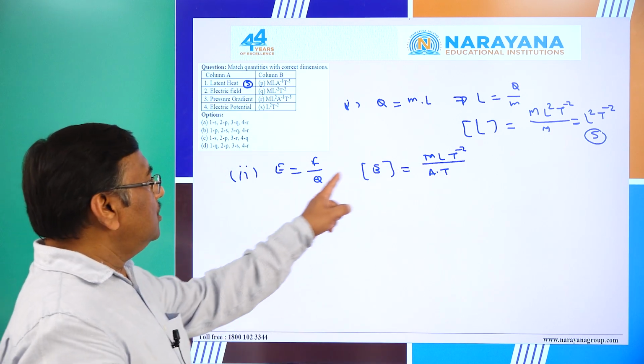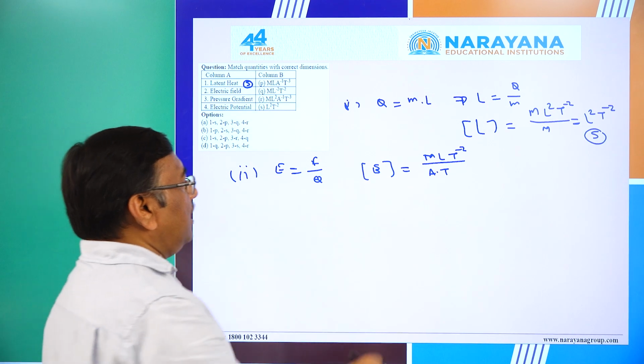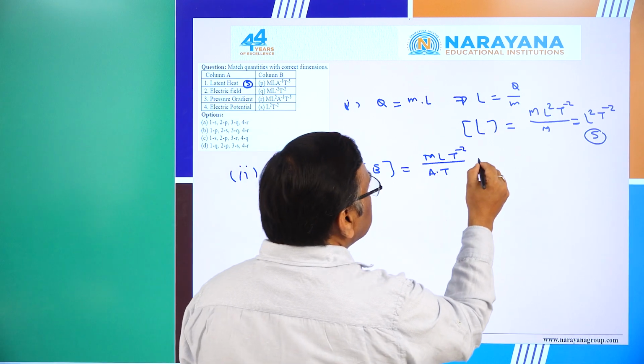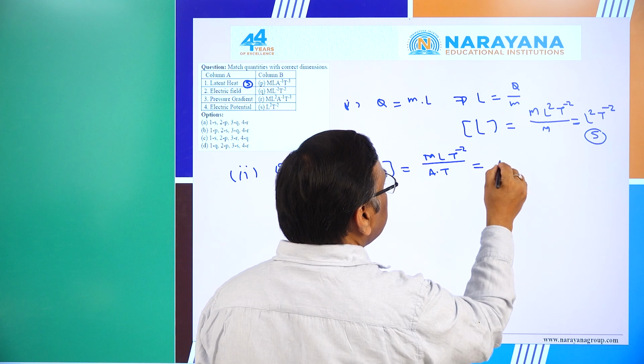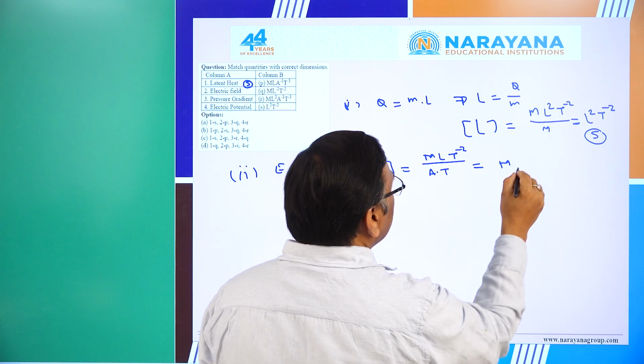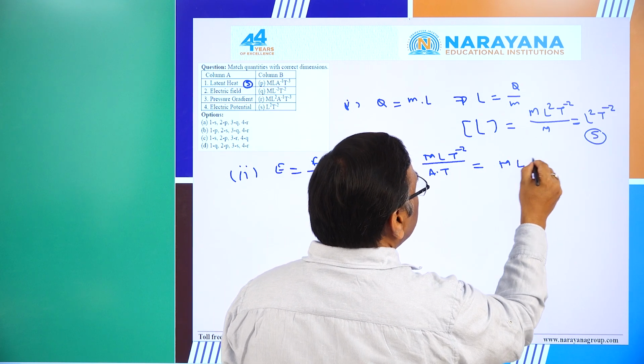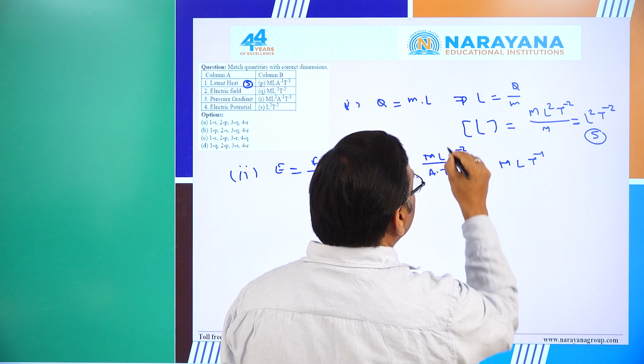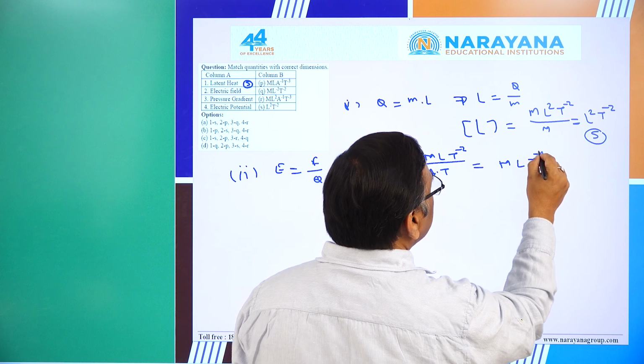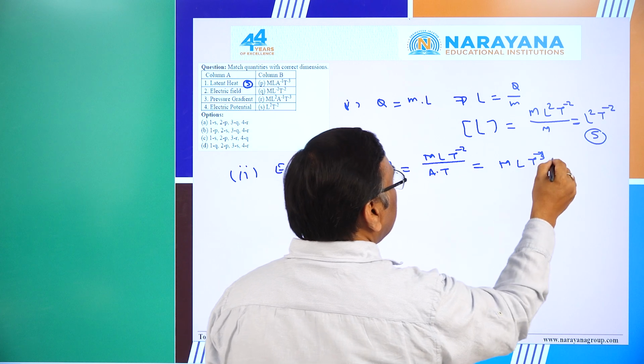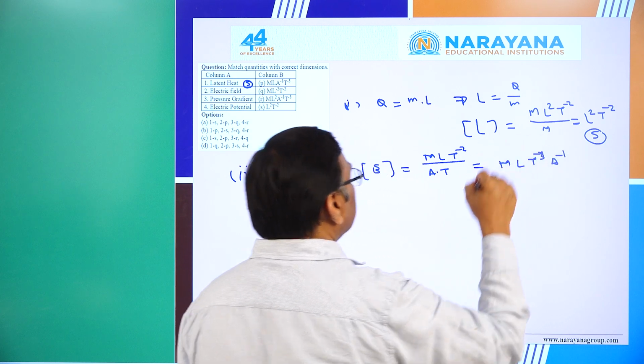So you just check it: M L T minus 3, and then A to the power minus 1.